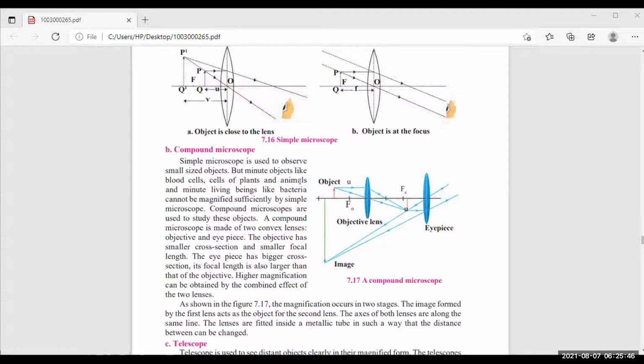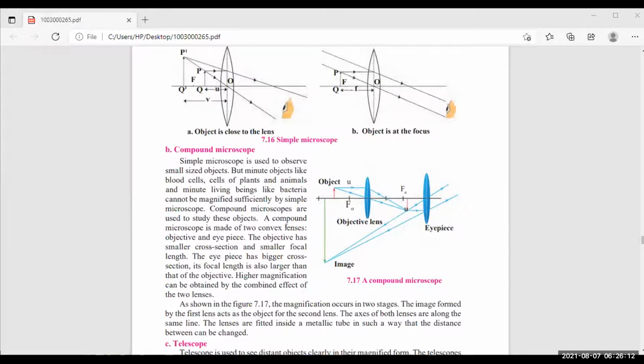Okay, so the compound microscope is made up of two convex lenses, while the simple microscope is made from only a single convex lens. Here the objective has a smaller cross section and smaller focal length. So we are using two convex lenses, and when we observe under the compound microscope we get two images.